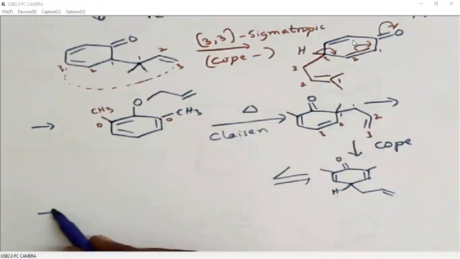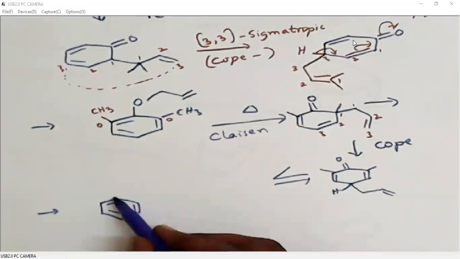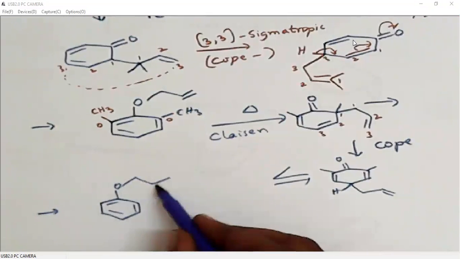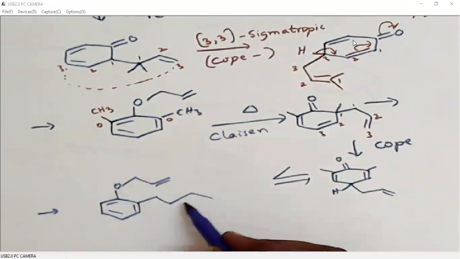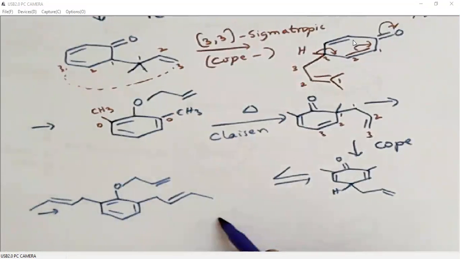Now you predict the product here. In this example, what are the products here? Of course, both ortho positions are occupied, but still you are expected to give the product.